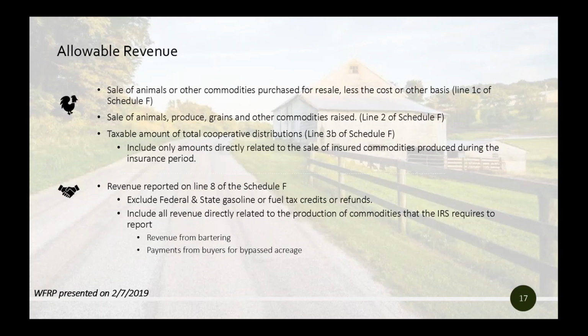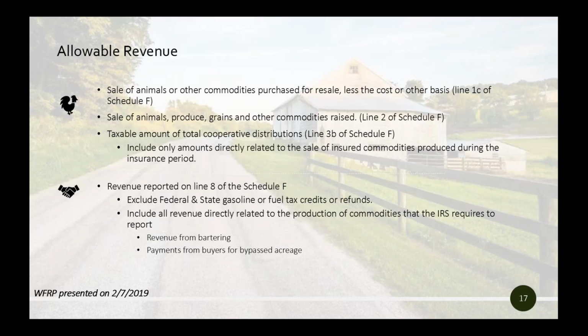Want to make sure that the sale of animals, produce, grains, and other commodities you raised, found on line 2 of Schedule F, is accounted for. And the taxable amount of total cooperative distributions, found on line 3B of the Schedule F. Again, we only include those directly related to the sale of insured commodities.